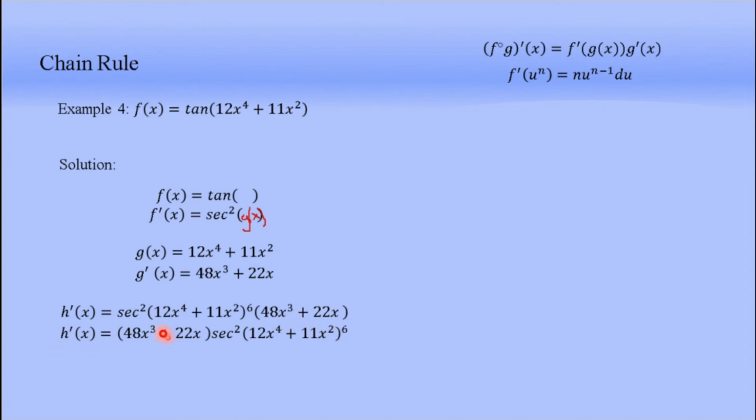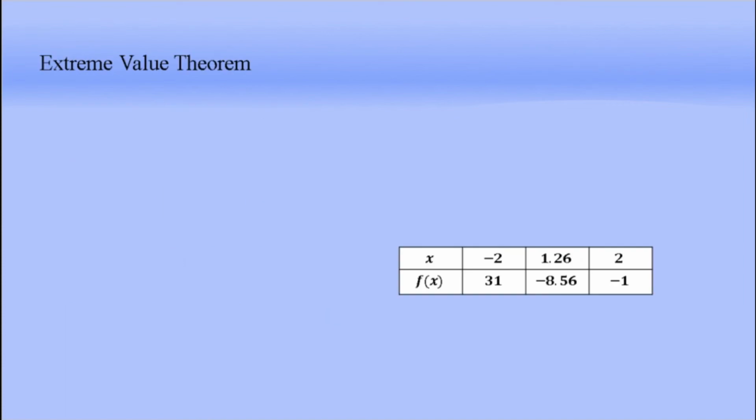So the derivative of this trigonometric function is 48x cubed plus 32x times secant x times secant squared times 12x raised to the 4th power plus 11x squared raised to the 16th power.